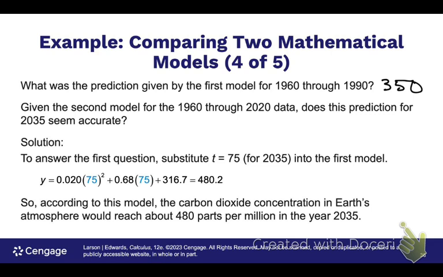Given the second model for 1960 through 2020, does the prediction of 2035 seem accurate? 2035 would be 75 years, yes. We got 350 for 1990. And if we plug in 75, does 480.2 parts per million seem reasonable?